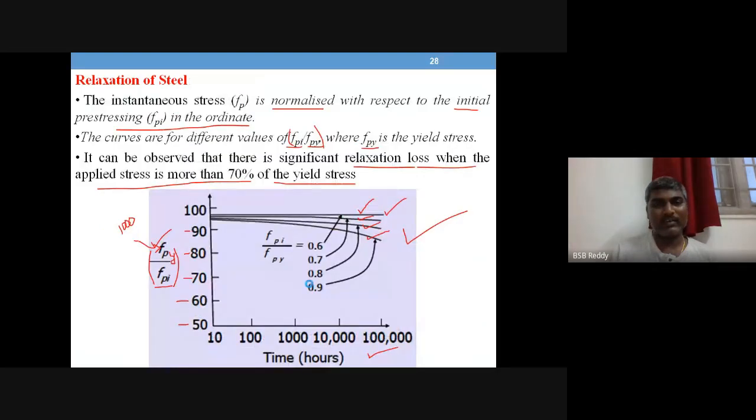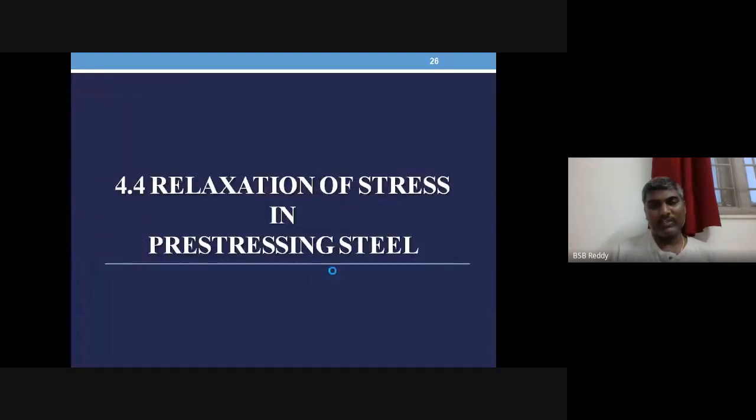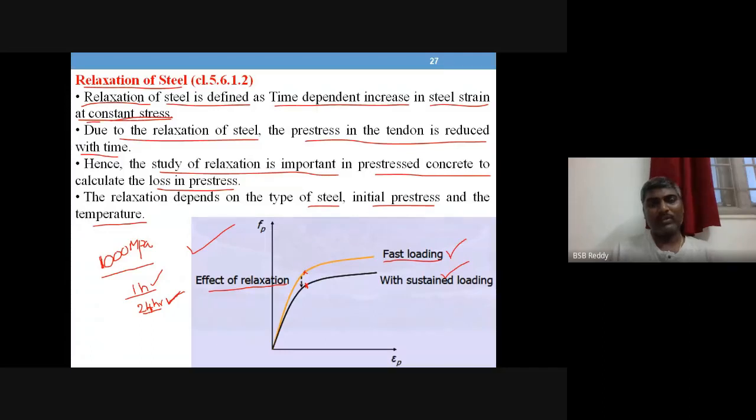What is relaxation loss in steel? Relaxation is a property of steel: when you keep the tendon at a constant stress, even though you don't increase the stress, strain will develop in steel. That is called relaxation of the steel. What happens with the relaxation property? You are losing the stress. Hence, you are losing the pre-stress value, and you are losing the effectiveness of pre-stress.